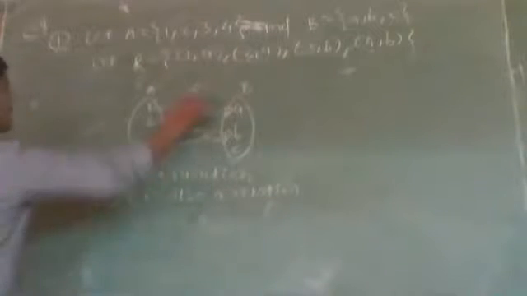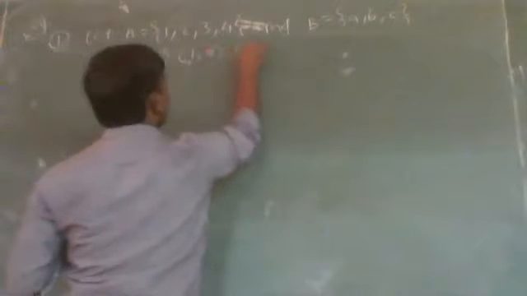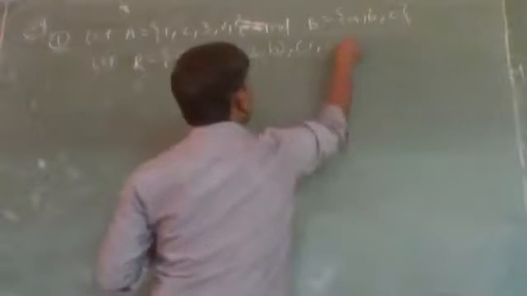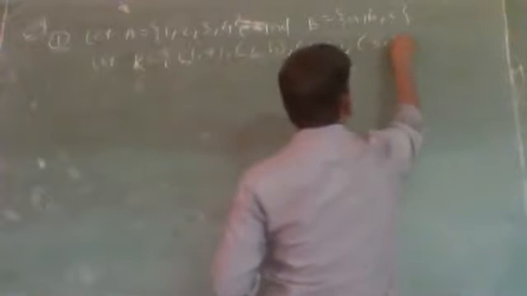Now let us take another example, which is R equal to 1A, 2B, 1C, 3B, 4B.